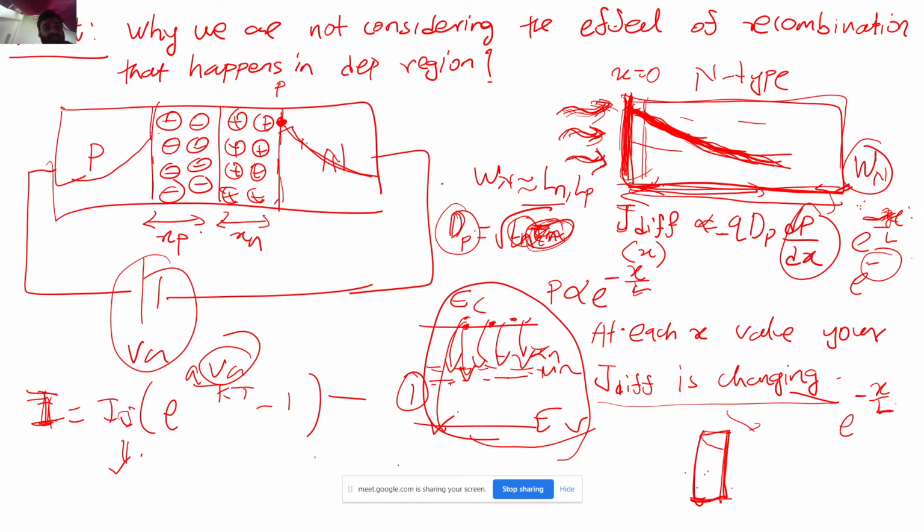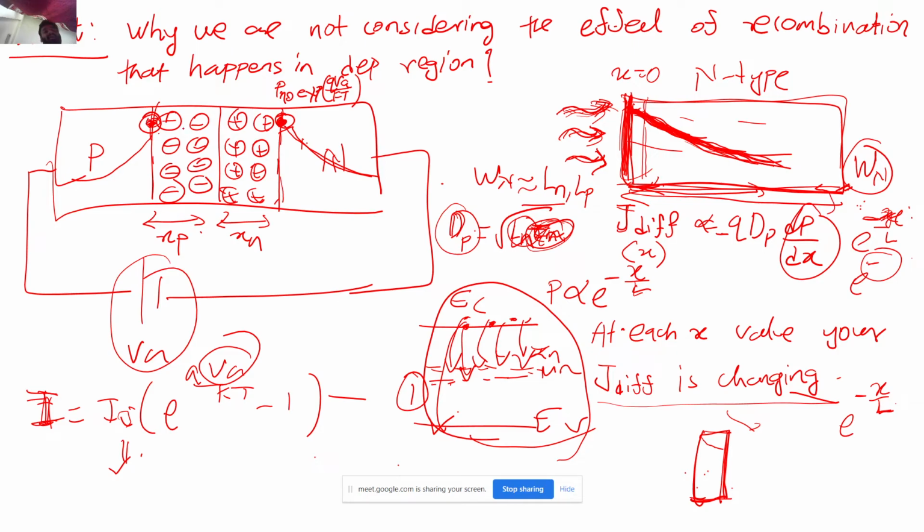And what is its value? Its value is Pn naught exponential of q VA by kT, correct? Now the question was something different. Someone had asked me why these carriers, the carriers that I am injecting at the edge of the depletion region, right?